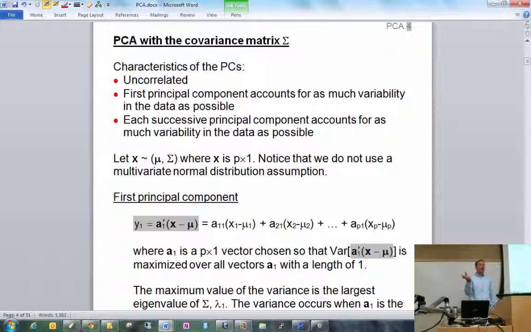PCA, Principal Component Analysis. You can either do it with the help of the covariance matrix or the correlation matrix. You're going to see some equivalencies between the two. But in order to do our calculations, to figure out what these coefficients in this linear combination are, we're going to get some stuff from our covariance matrix, or from our correlation matrix.